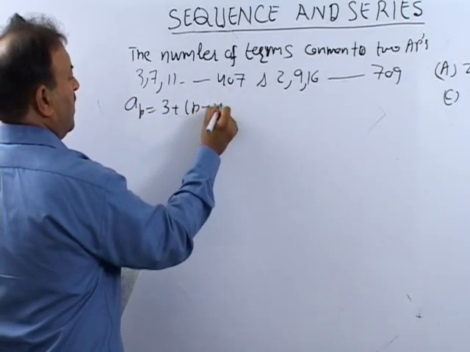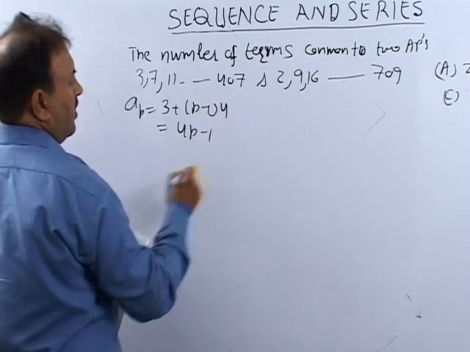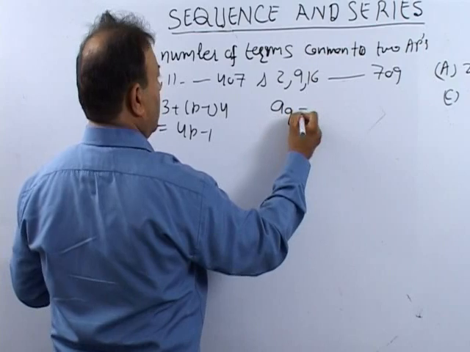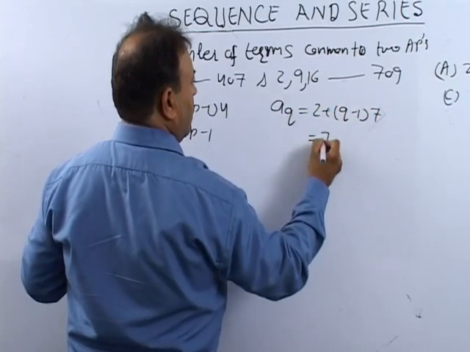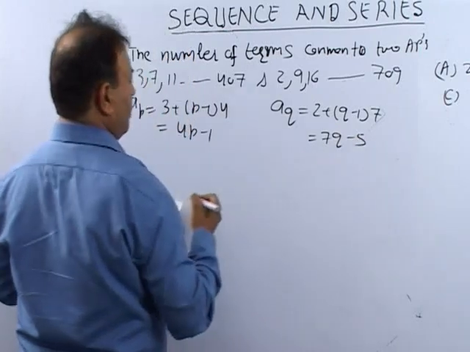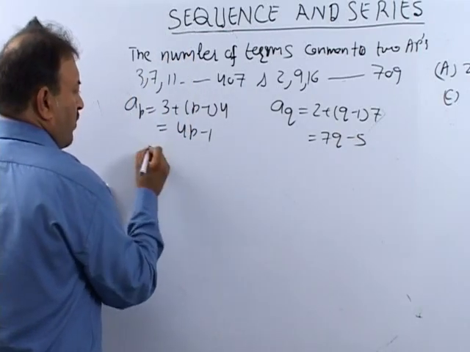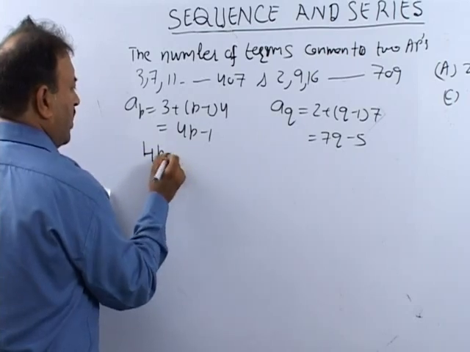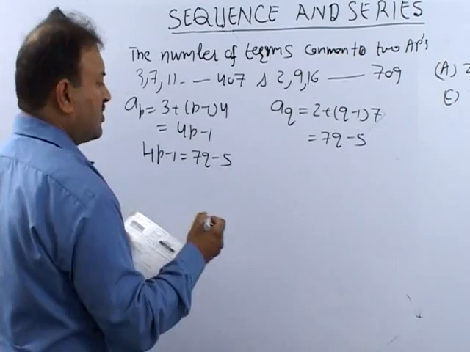3 plus (p minus 1) into 4 is 4p minus 1. Here the qth term is equal to 2 plus (q minus 1) into 7, which is 7q minus 5. Now I equate both: 4p minus 1 is equal to 7q minus 5, as I have done in the last question.